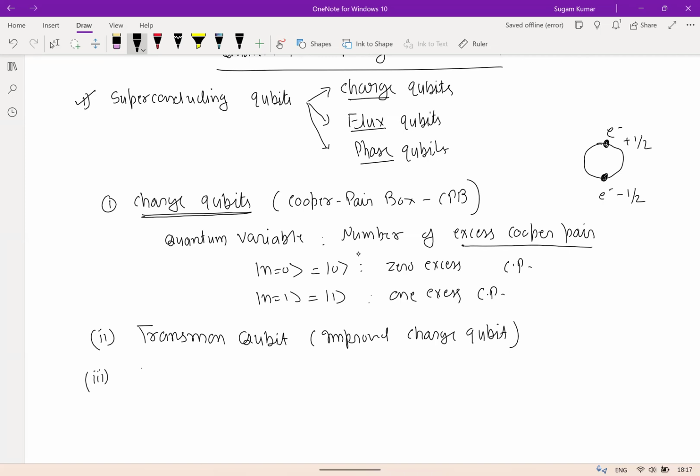Then, of course, as I mentioned, we have a flux qubit. And in this case, the quantum variable is going to be a magnetic flux.